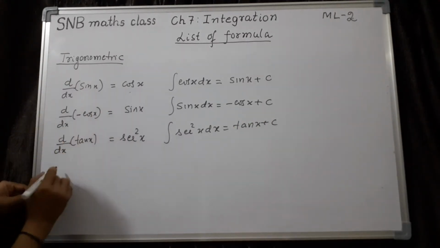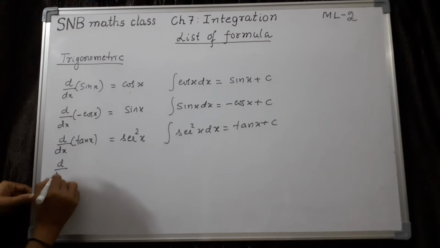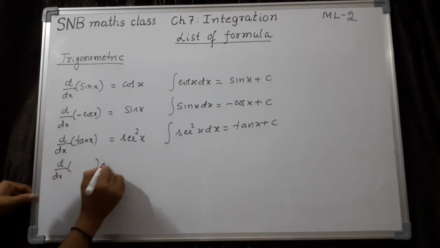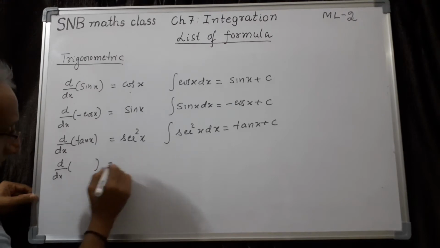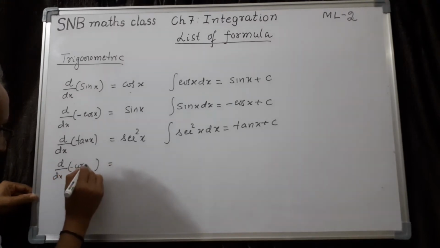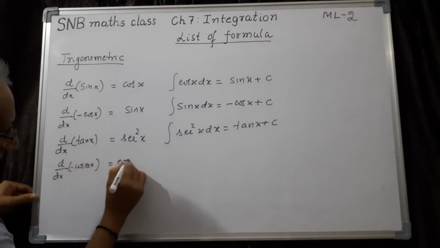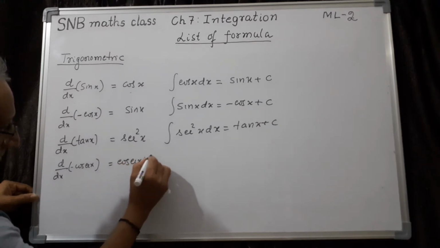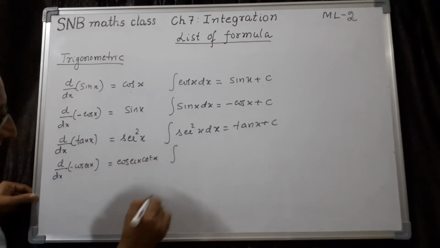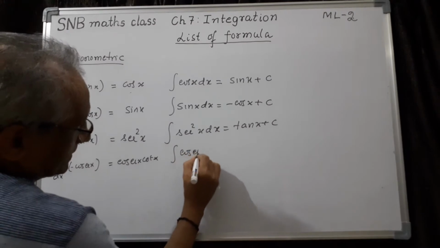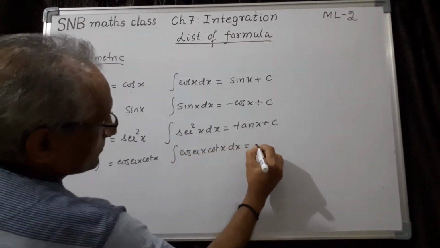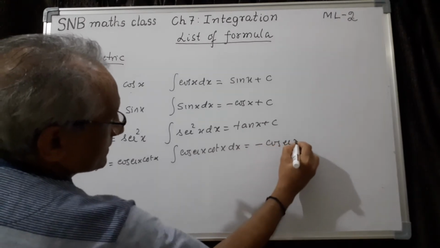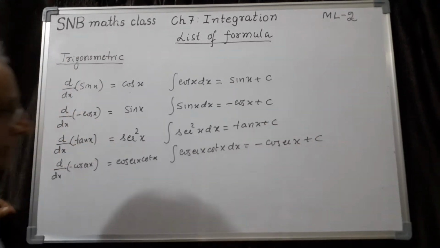Similarly, for the other three, d by dx of cosecant x is minus cosecant x cot x, but I will write here minus cosecant x, so this will be cosecant x cot x. Therefore, integration of cosecant x cot x dx will be equal to minus cosecant x plus c.